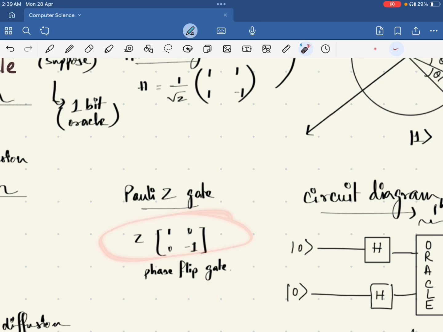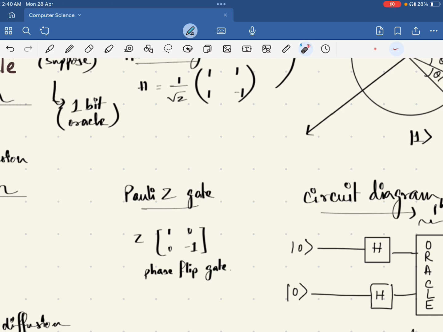In the quantum world, it doesn't do that exactly. What it does is change the phase. That is, if the signal is going up in the positive direction, it changes it to a negative direction. That's basically what the Pauli Z gate does. It's a form of an oracle operator in the 1 qubit system.